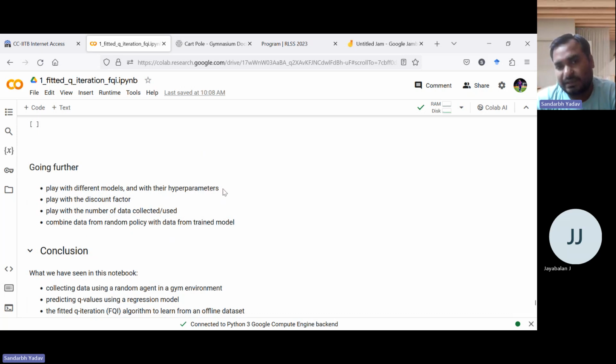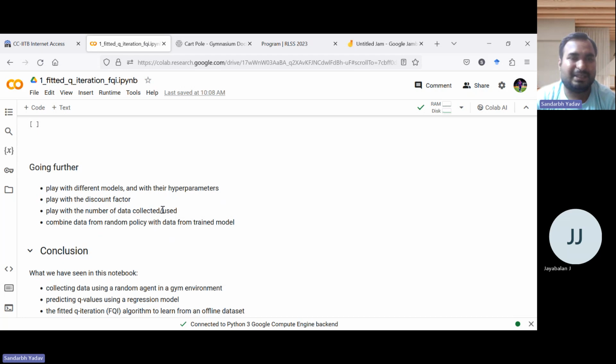Remember, the k-nearest regressor has a hyperparameter of how many neighbors. They took 30. So you can take a different number of neighbors, or you can simply change the model itself. Play with the discount factor, they use 0.99. You can also play with the number of data collected. We collected 50,000. If you want to collect more, you can do that, and more data means we are basically nearer to good performance.